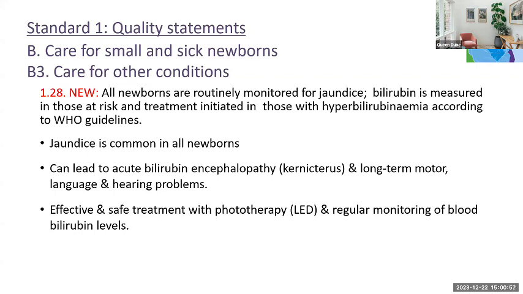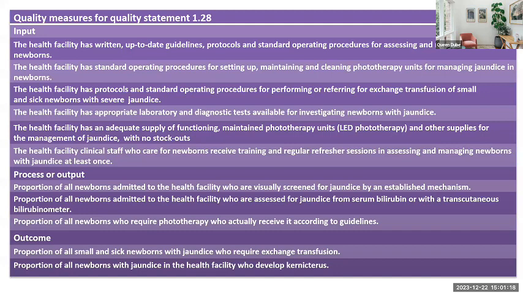Now, when you look at this quality statement, it then pushes you at a country level to ask yourselves, do we have a system that enables us to routinely monitor for jaundice? If not, what is it that we need to do? So you look at it as a package using the health system building blocks that Nuhu talked about.